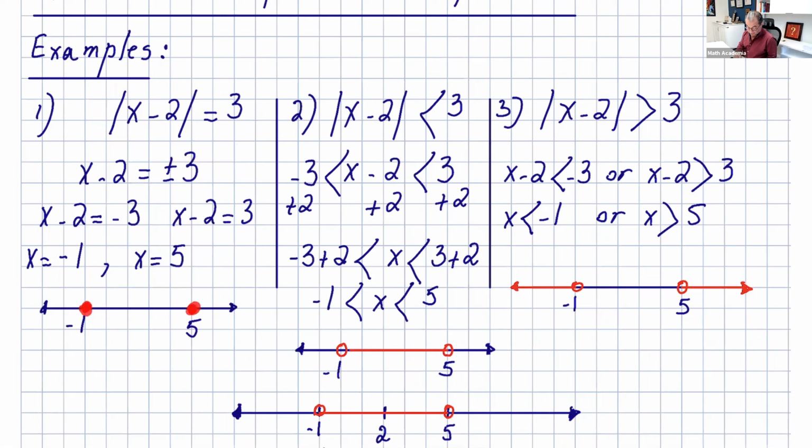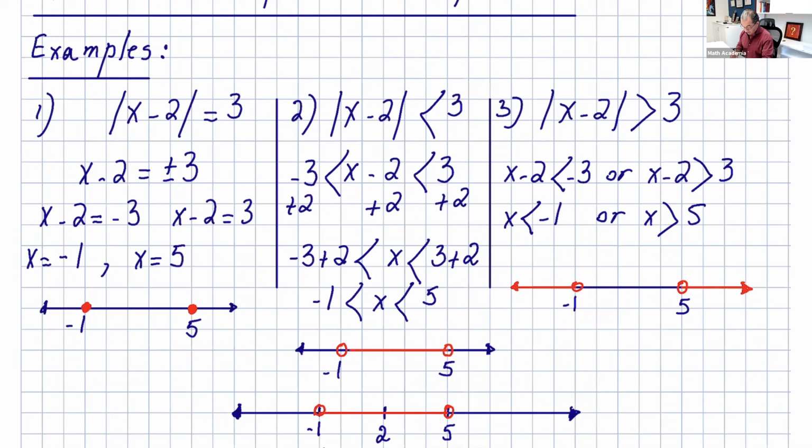If I put negative 1 here, negative 1 minus 2 is negative 3, and the absolute value of negative 3 is 3. Same thing, if I put 5 here, 5 minus 2 is 3 and equals 3. The second type is an inequality. If you see the absolute value of x minus 2 is less than 3, that means x minus 2 is a number between negative 3 and positive 3.